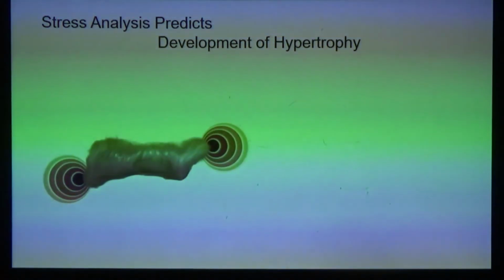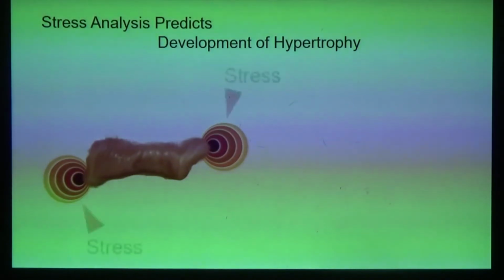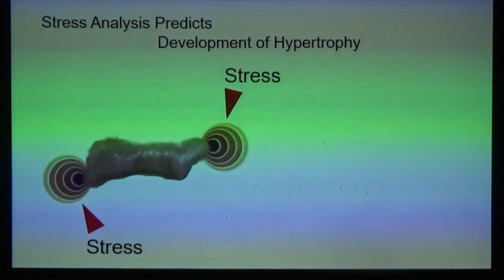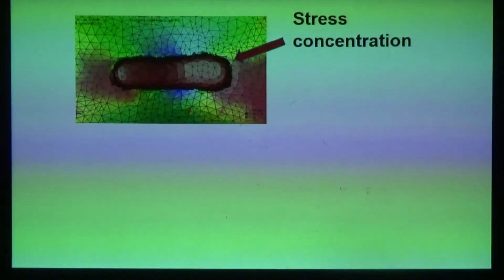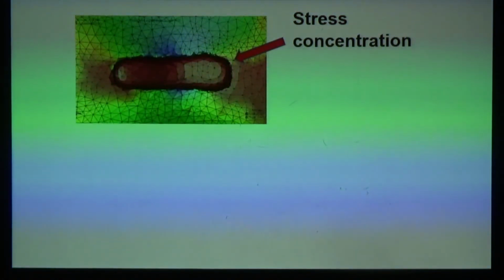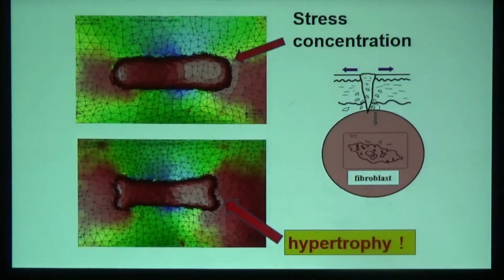Therefore, if stress concentrates at the ends of the scar, fibroblasts are stimulated there, and the scar develops hypertrophy there. So initially straight and horizontal scars develop hypertrophy at their ends due to stress concentration, gradually transforming into shapes similar to bones.